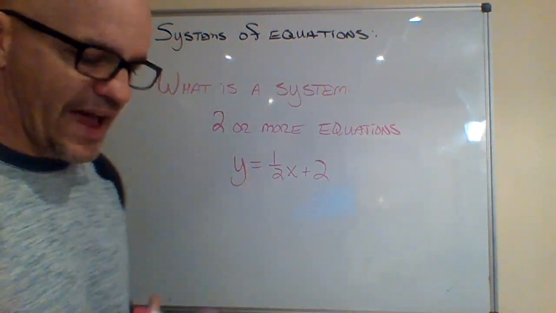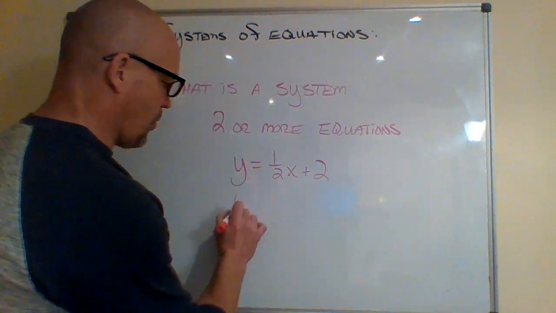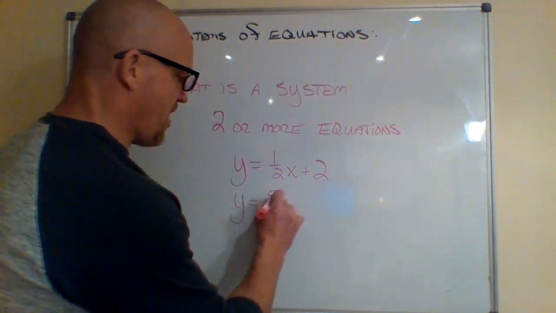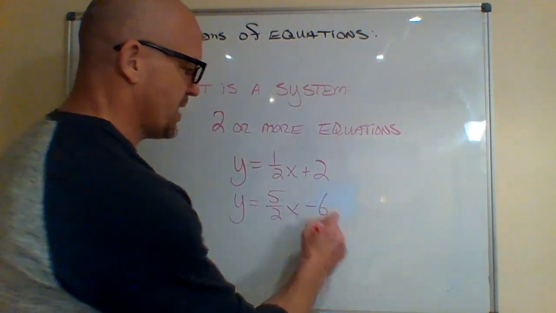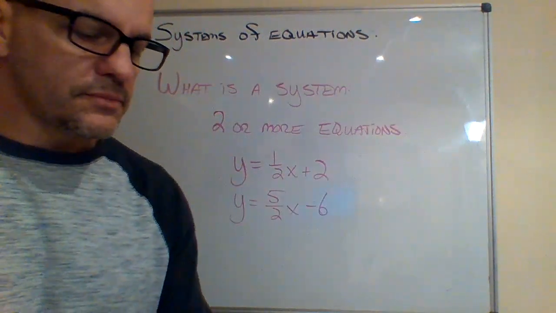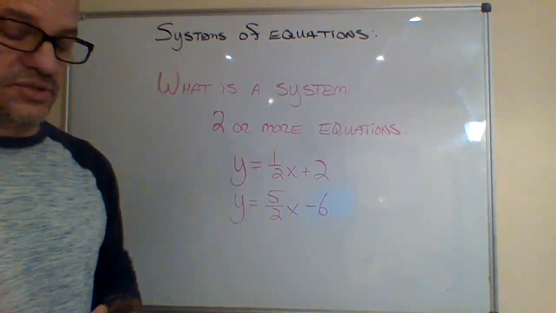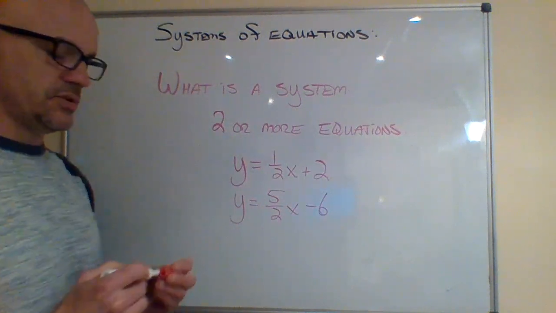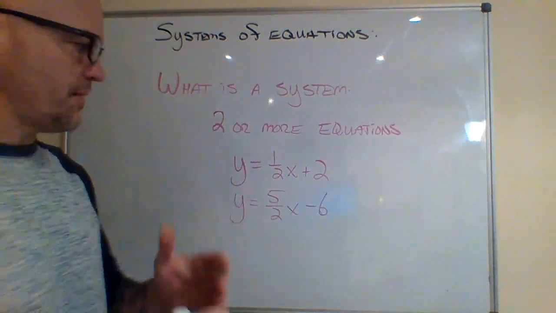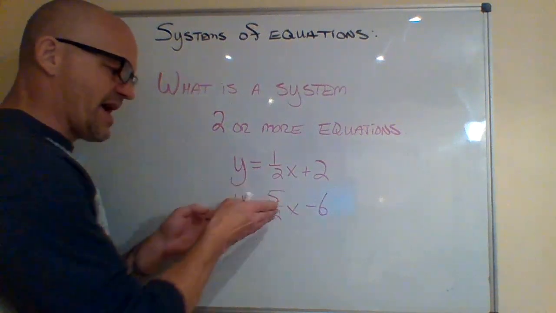As soon as I add a second equation, for instance, if I were to add y equals 5/2 x minus 6, now I have another equation that also has an infinite amount of solutions. So this one has an infinite amount of solutions, and this one has an infinite amount of solutions. There are a whole bunch of XY combinations that make this one work and a whole bunch of XY combinations that make that one work.